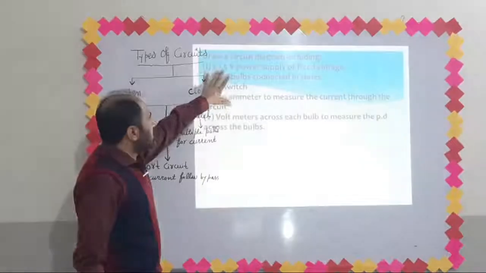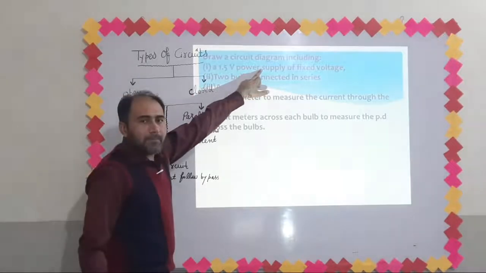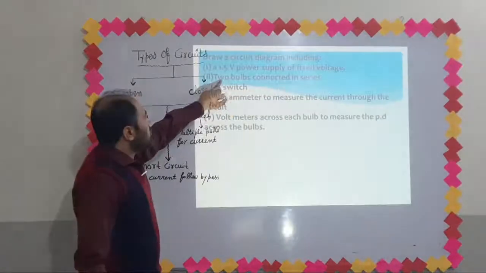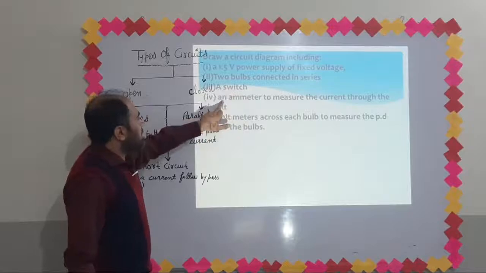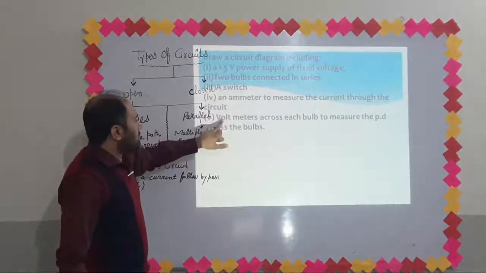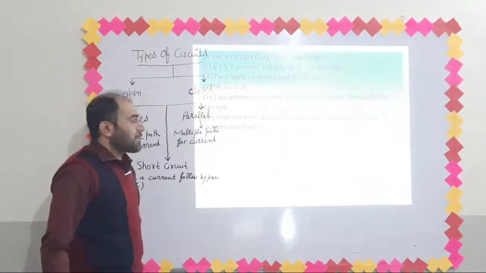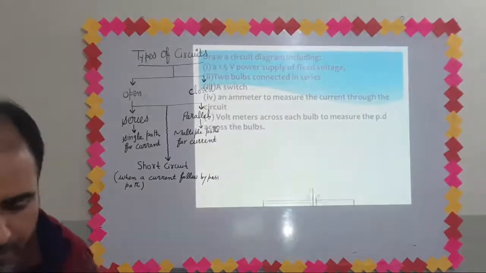By using these symbols, you have to draw the symbol of a power supply, meaning the symbol of a battery, two bulbs connected in series, a switch, an ammeter to measure the current through the circuit, and a voltmeter across each bulb to measure the potential difference across the bulb.